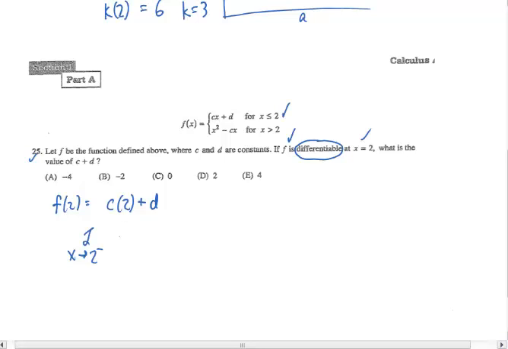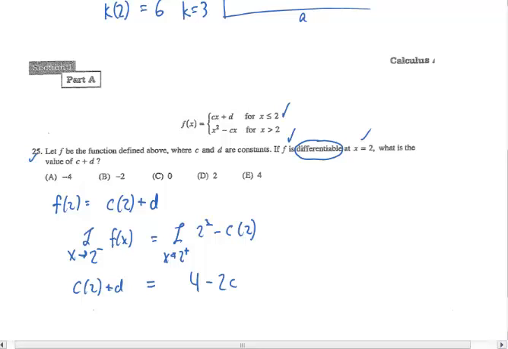If we check the limit from the right, it will be 2 squared minus c times 2. So the limit from the right is going to be 4 minus 2c. So in order to force continuity, these limits have got to equal.